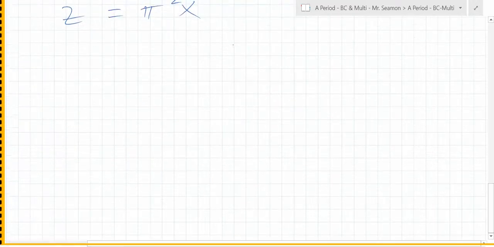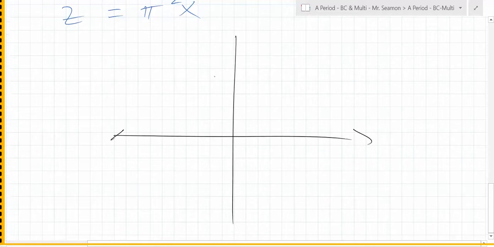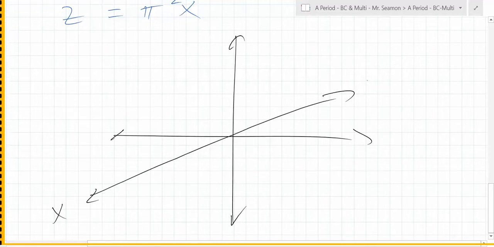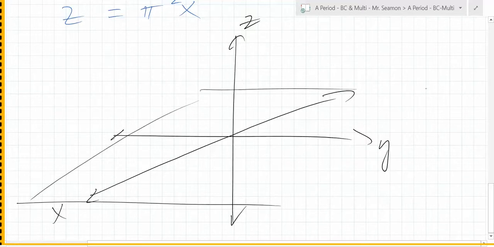So if you have two axes here, or three, excuse me. Yeah, it is hard to draw. X, y, and z, right? So let's just look at the xy plane.